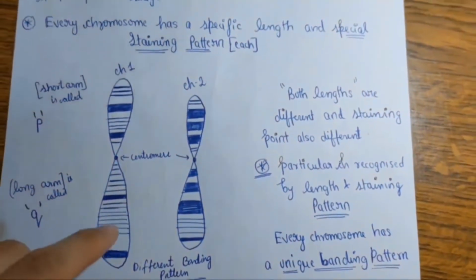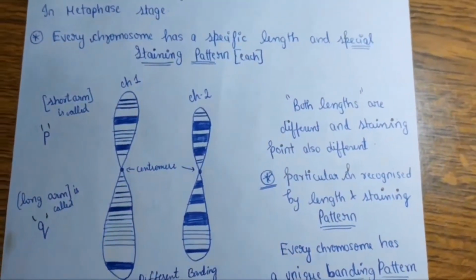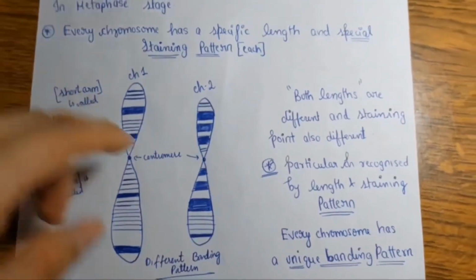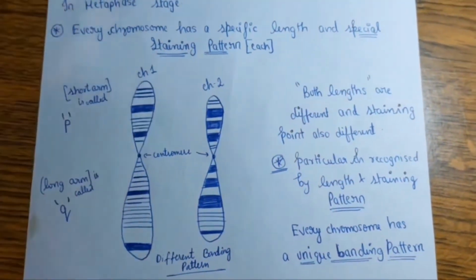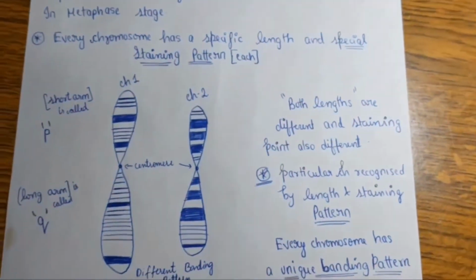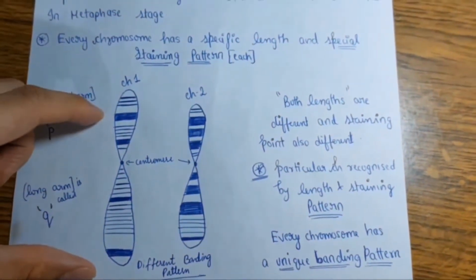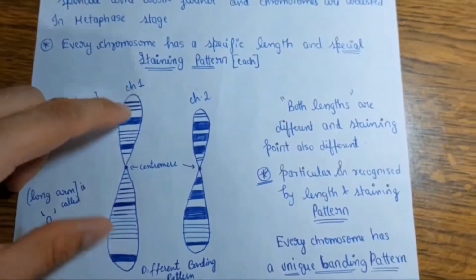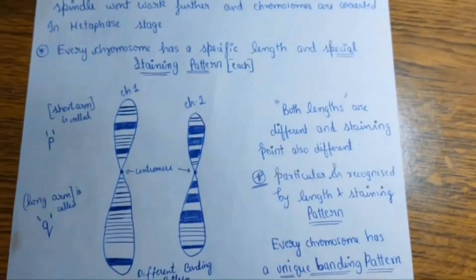Here we can see chromosome number 1 and chromosome number 2. The lengths of both chromosomes are different, and even the staining pattern is different. So particular chromosomes are recognized by their length and by their staining pattern.